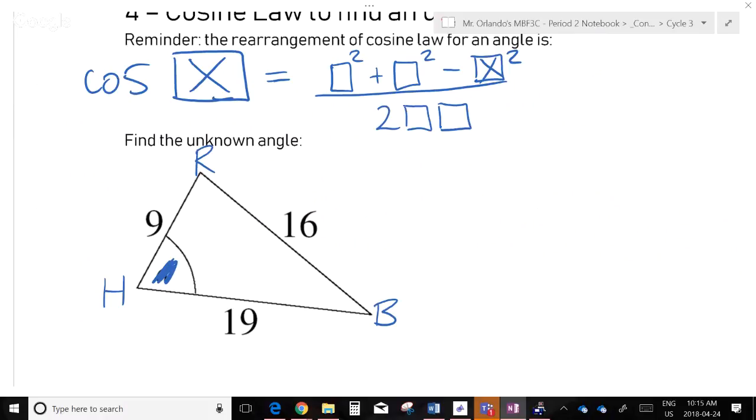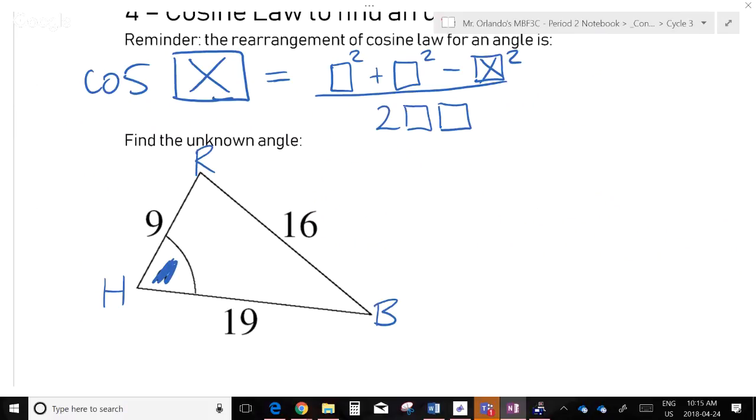Say you had roof trusses and you had to know what angle to build something against them. So you have to know what angle that roof's going to be at. They don't sell you roof trusses by the angles. They actually sell you roof trusses based on lengths. You would say make the bottom this long, make the sides that long. So you could have a situation like this where you know all 3 sides. If I want to find the angle, I can't use sine law because I won't get one good fraction out of this.